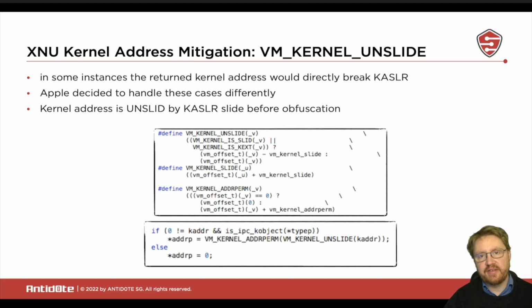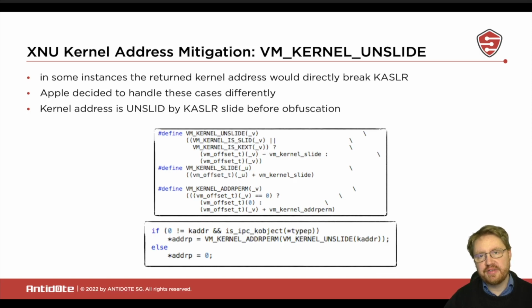It basically does nothing else than remove the KSLR slide from the pointer, but only if it is detected as being a relocated pointer. Over the years, Apple had various problems detecting whether something needed to be unslid or not.